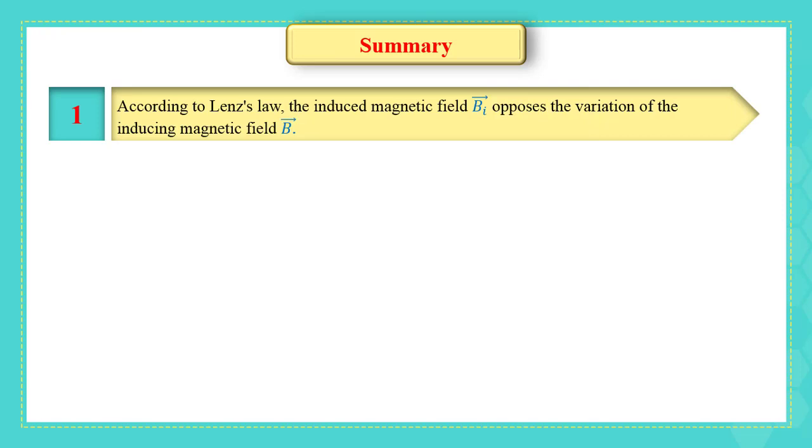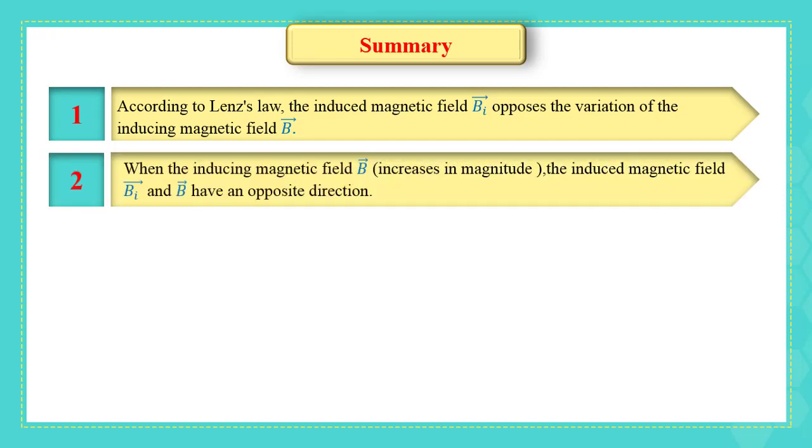Summary. 1. According to Lenz's law, the induced magnetic field BI opposes the variation of the inducing magnetic field B. 2. When the inducing magnetic field B increases in magnitude, the induced magnetic field BI and B have opposite directions. 3.